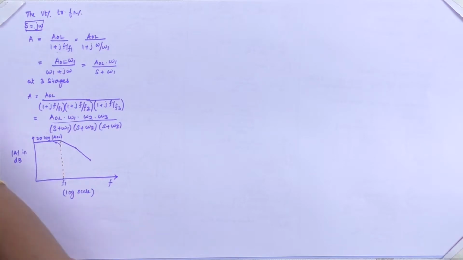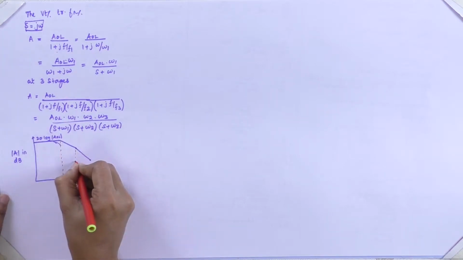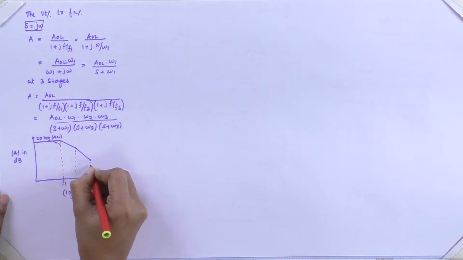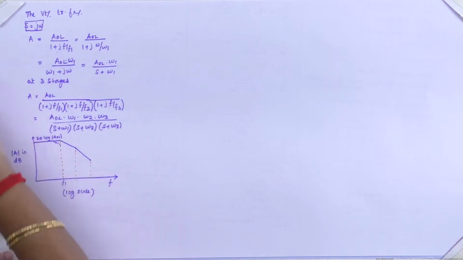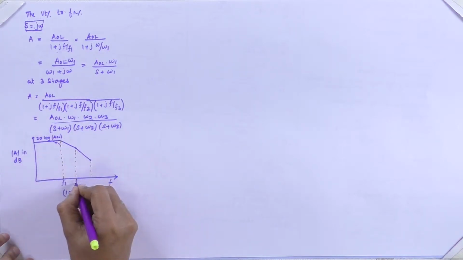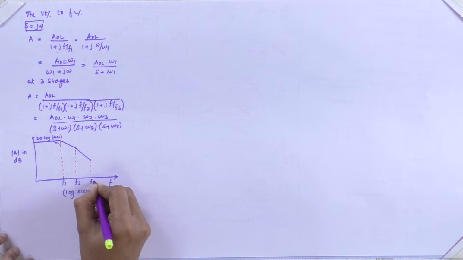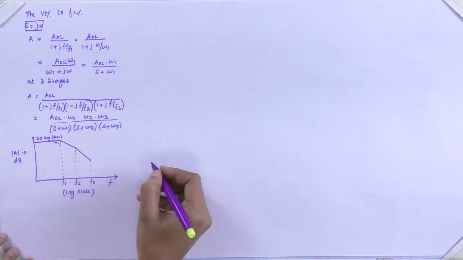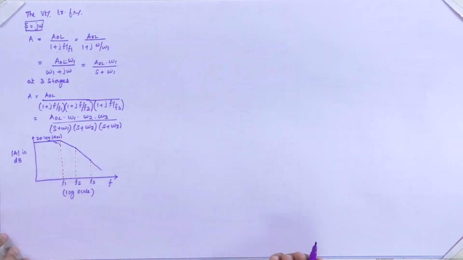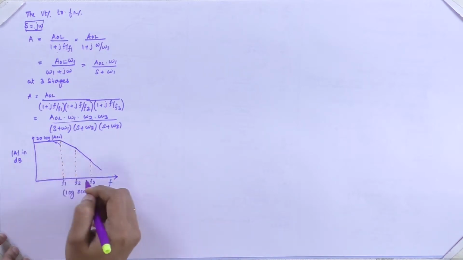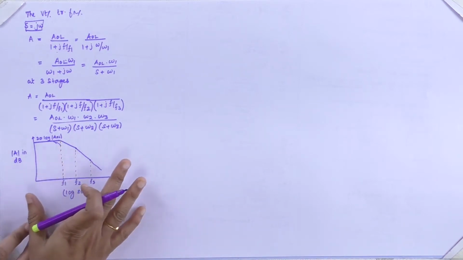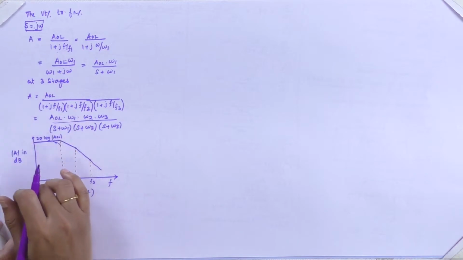So here in this condition, this is your frequency F2 and this is your frequency F3. If it further continues, it gets rolled off. So in this range, I'll be writing the frequency with the gain.